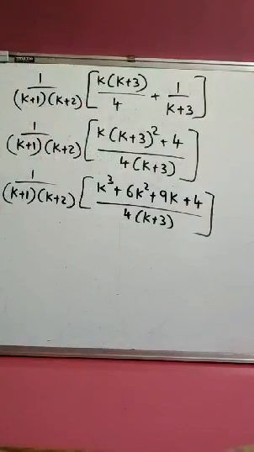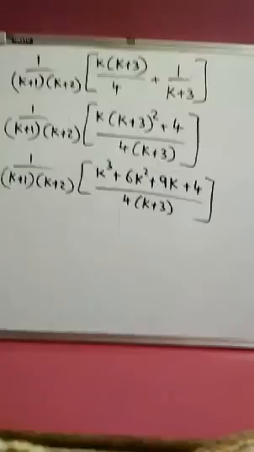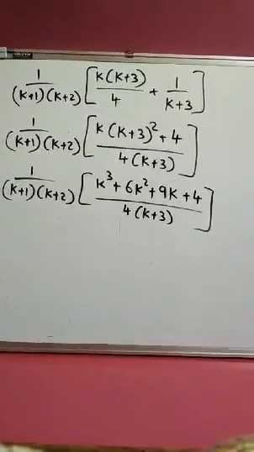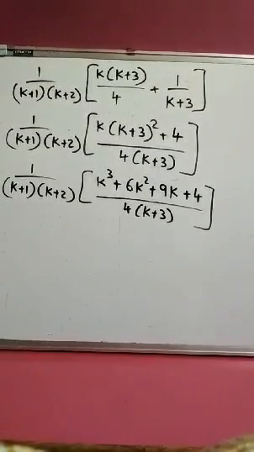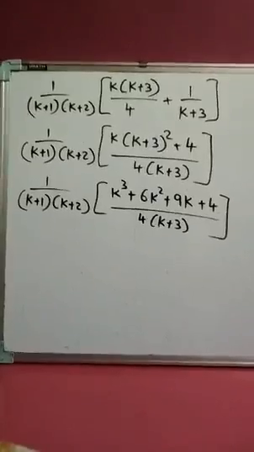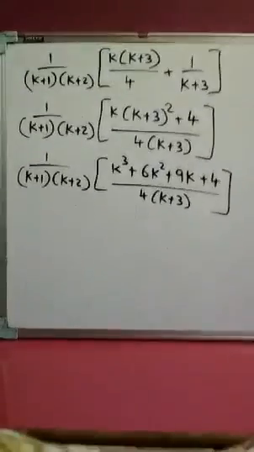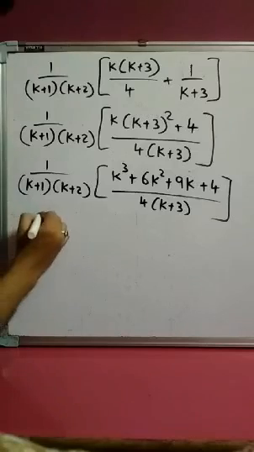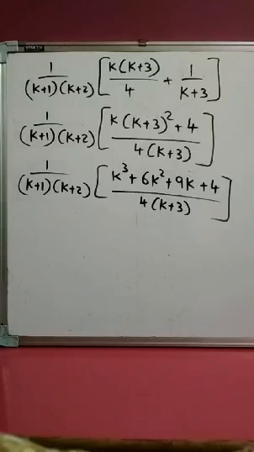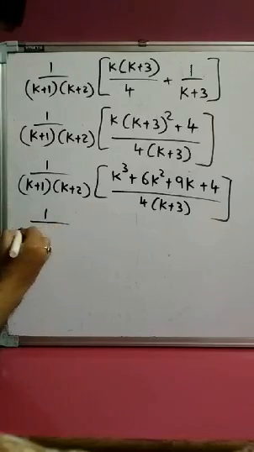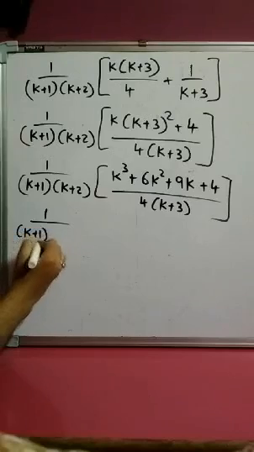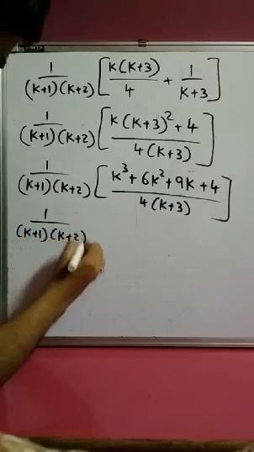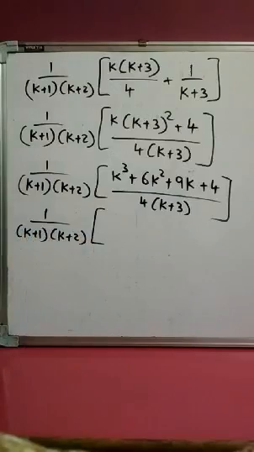Now what to do? Okay, right? So now what we are going to do, we will do one thing, we will separate. See how we will separate. Now we have to think over here how we are going to solve. So we will do one thing, 1 upon (k plus 1) and (k plus 2) we will write here as it is.